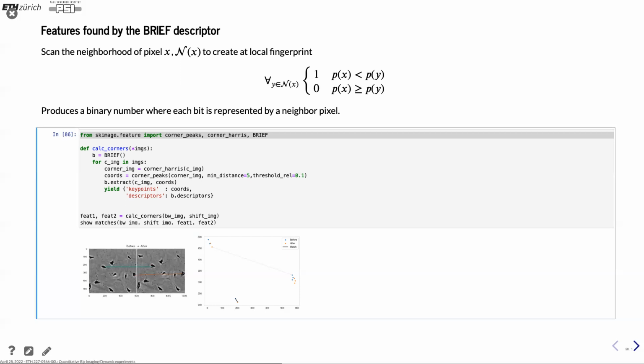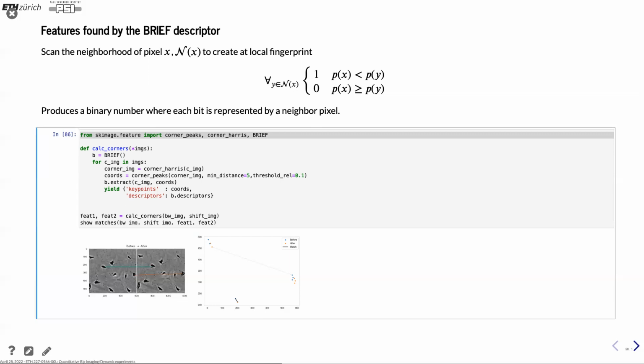Then we look in the neighborhood, the size of which we have to decide. If the center pixel X is less than the pixel in the neighborhood, then we put a 1 in this descriptor. If it's greater than the neighborhood pixel, then we set a 0. That gives us this bit pattern that we use.